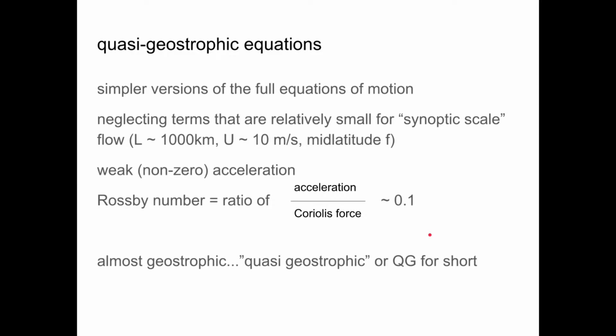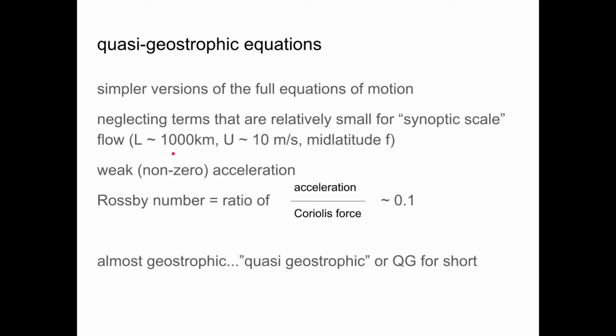So we're dealing with the QG thermodynamic equation. And again, just to review, this is a simpler version of the full equation, and we're neglecting terms that are small for synoptic scale flow. So we define that as a Rossby number of roughly 0.1. So we do have some acceleration, but it's relatively weak.